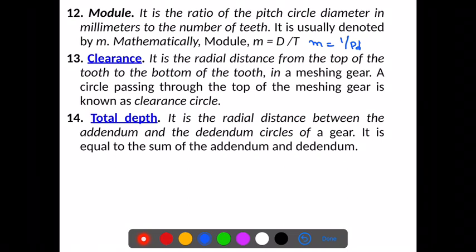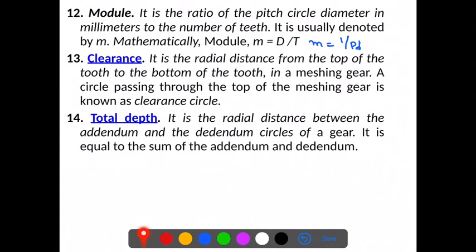So these terms, that is diametral pitch, circular pitch, and the module, are related to each other. Module is a ratio of the pitch circle diameter in millimeter to the number of teeth. It is usually denoted by m. Mathematically module m is equal to d by t.